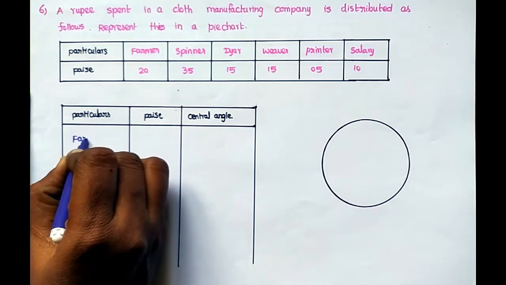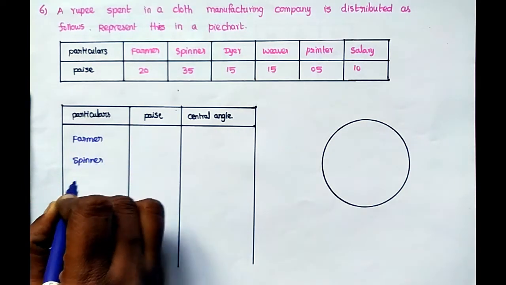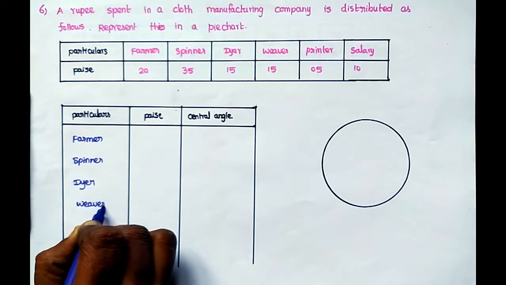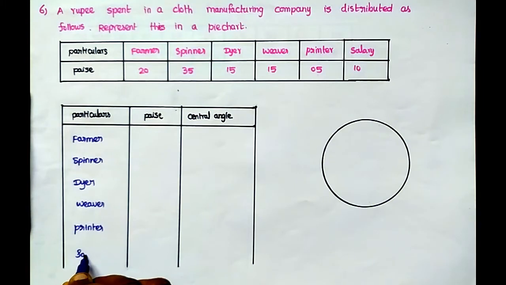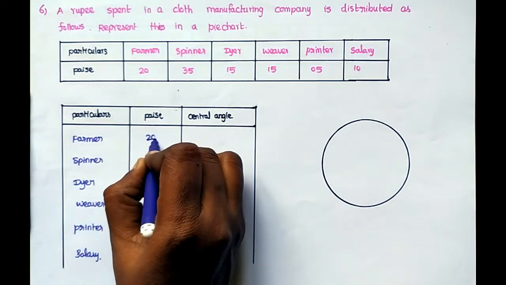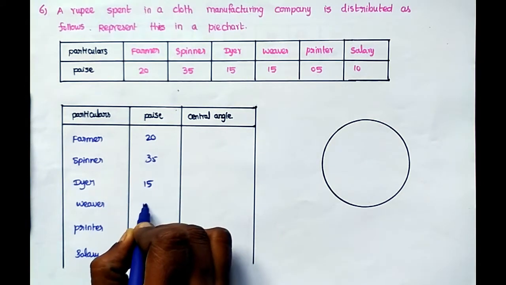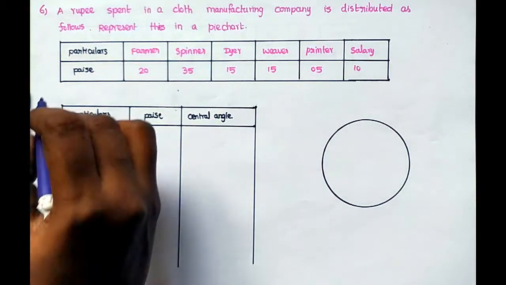Farmer, spinner, dyer, weaver, printer, and salary. Paise 20, 35, 15, 15, 5, 10.